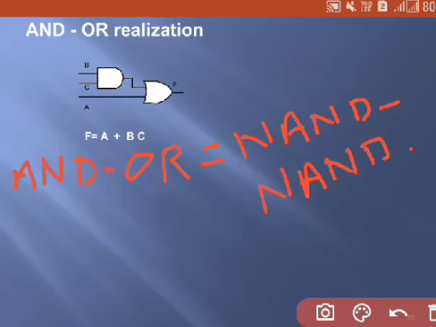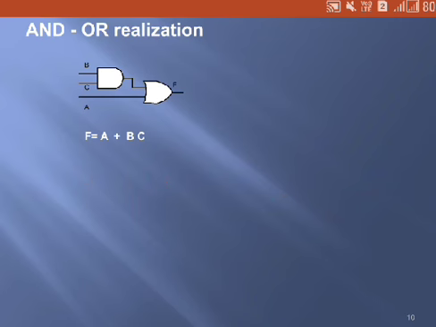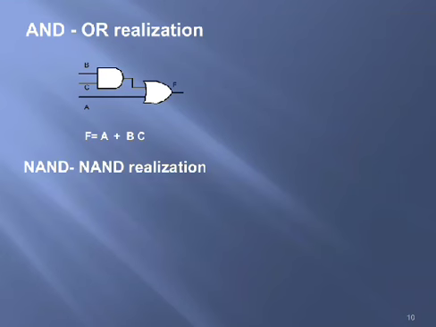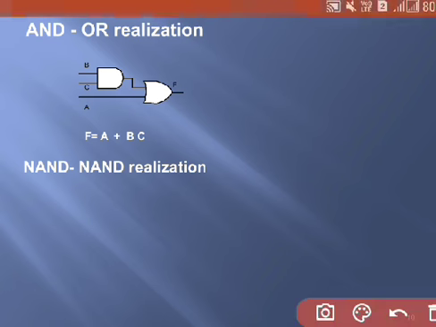We will see how. This can be realized with the help of NAND also. In the case of NAND, the first stage is NAND gates and the second stage is also NAND gates. In the case of AND OR, the first stage is AND gates and the second stage is OR gates. In a similar manner, in NAND realization, the first and second stages are all NAND gates only.